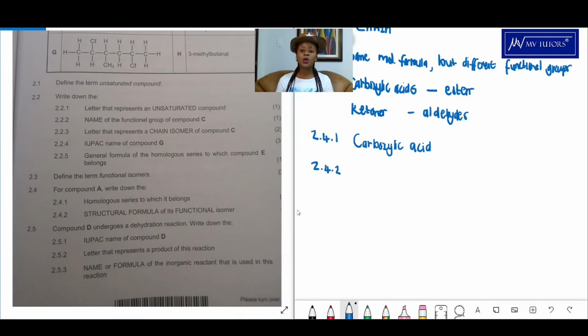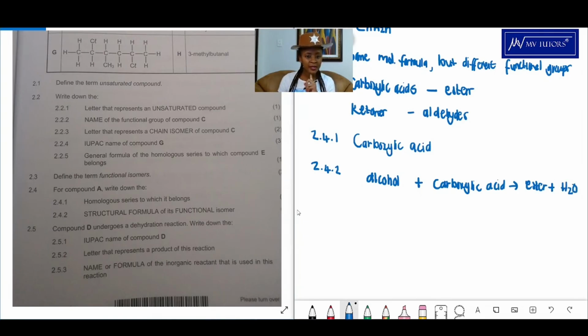Whenever you form an ester, you need an alcohol and a carboxylic acid, and your products would be an ester and water. Now they want the structural formula of its functional isomer.